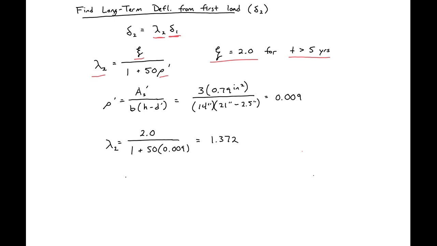And we can then find our delta 2 to be equal to 1.372 times our deflection from our previous step, 0.558 inches. So we'll get our deflection here to be 0.766 inches. So this is our long-term deflection caused by the dead load and the sustained portion of our live load.